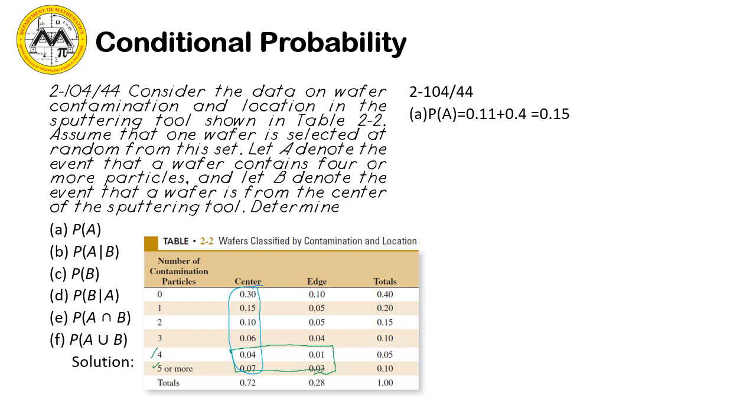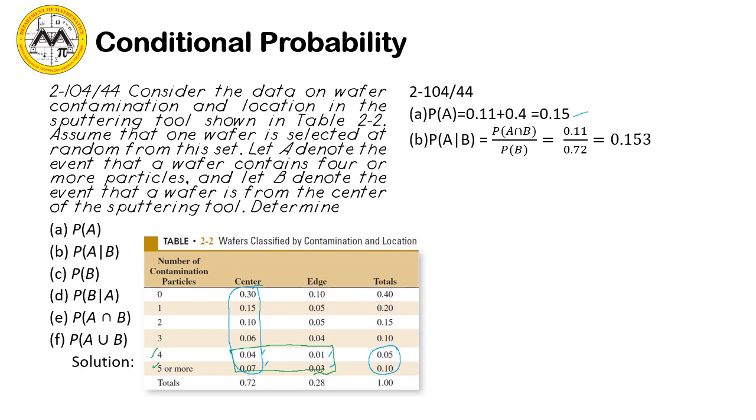So for the probability of A, that would be 0.11 plus 0.04, or simply 0.05 plus 0.1, which is 0.15.